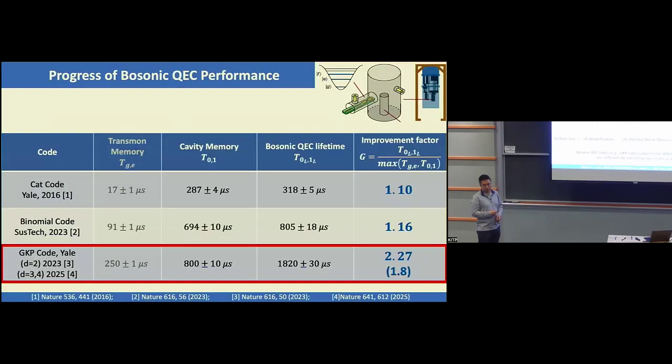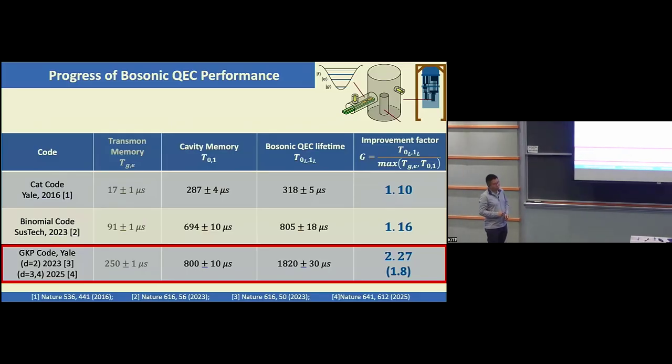Okay, and experimentally, people have made significant advances in bosonic error correction, from the cat code, binomial code, and recently from Michel Devoret's group, who demonstrated the GKP code for a logical qubit, or a logical qutrit with 3 levels and 4 levels, which boosts the coherence time by a factor of 2 or more. So now, one natural question is: is the GKP code the optimum choice of code?